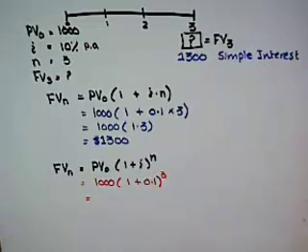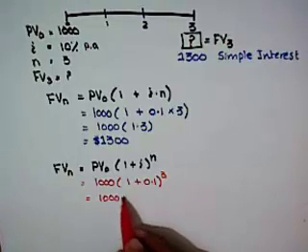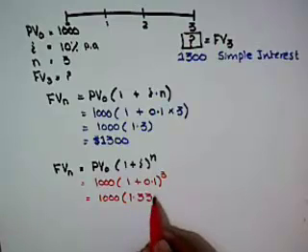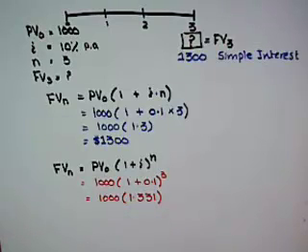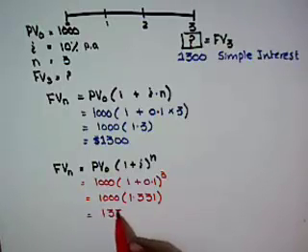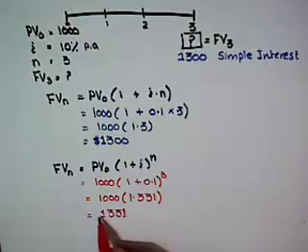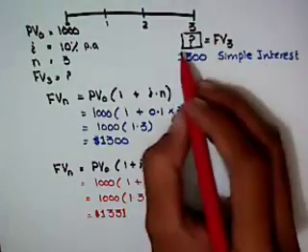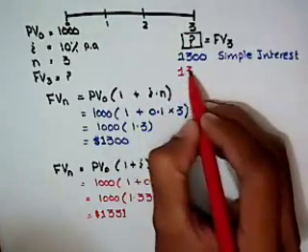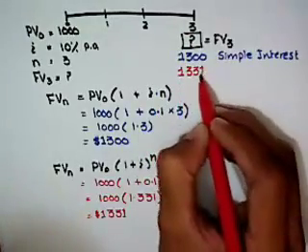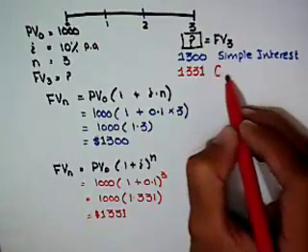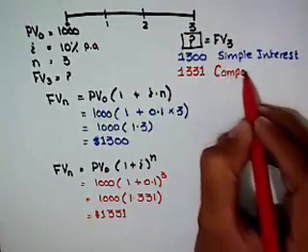So 1.1 raised to the power 3 equals 1.331, and by multiplying this with 1000 we'll get 1331, which was our answer according to the compound interest. So this amount would become 1331 at the end of third year according to the compound interest.